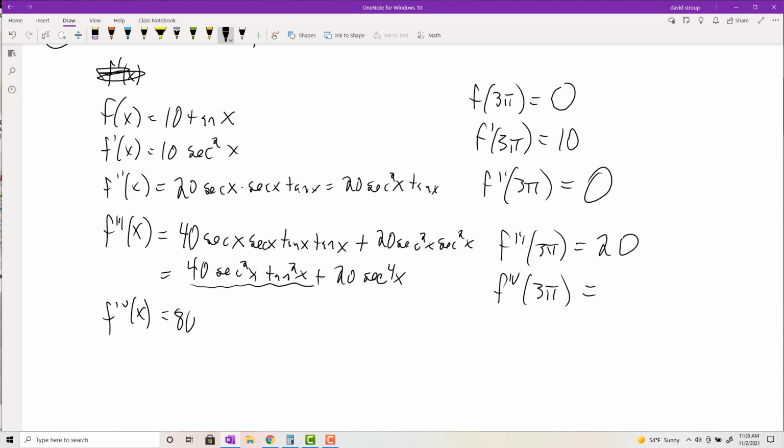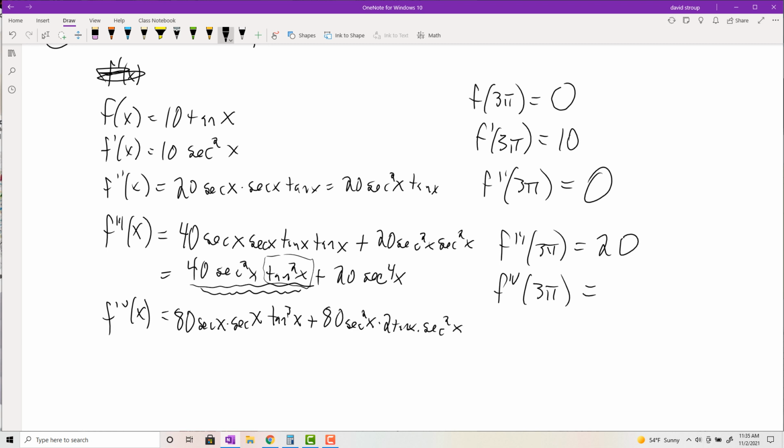So the 4th derivative is going to be dealing with this guy first. We have 80 secant x times secant x tan x, so that will be secant x times tan squared x, which will be tan cubed x, plus the derivative of this part of it, right? So you get 80 secant squared x times 2 tan x times secant squared x.